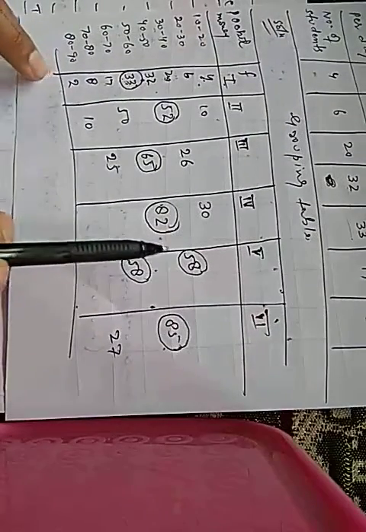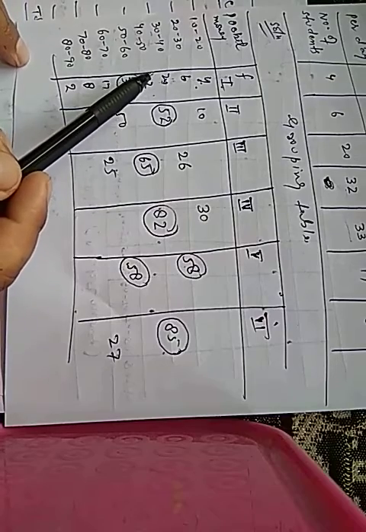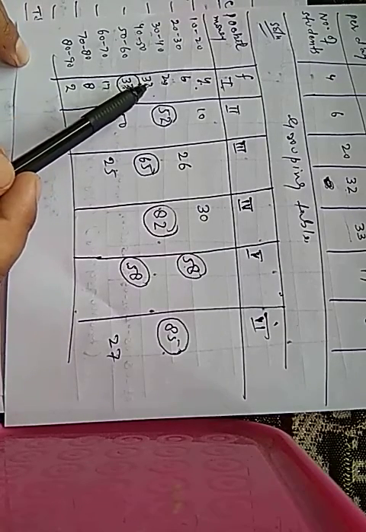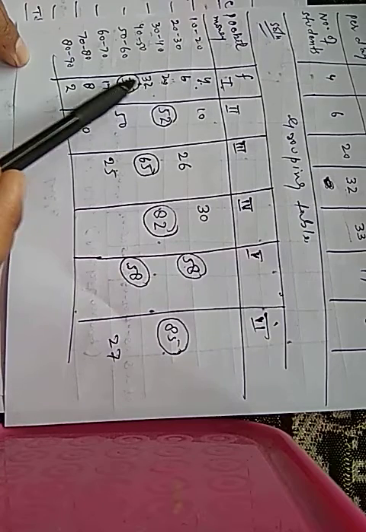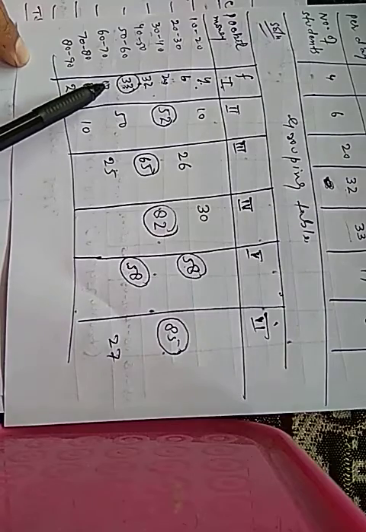And in the fifth column, the highest frequency is 58 and 58. These are the addition of frequencies 6, 20 and 32, and the addition of frequencies 33, 17 and 8.